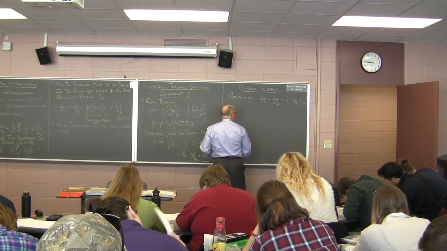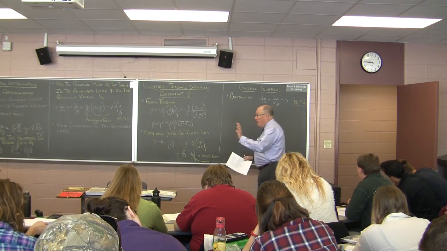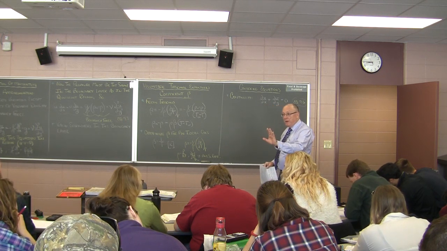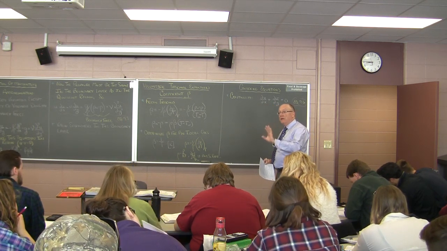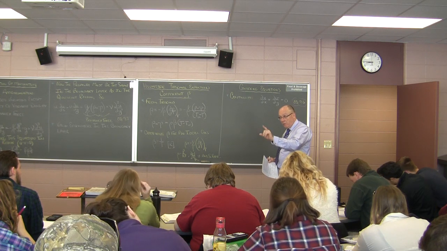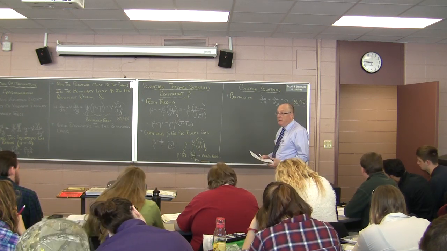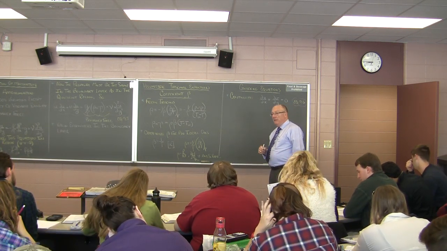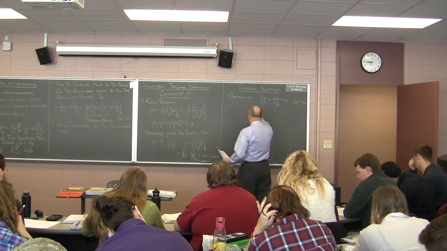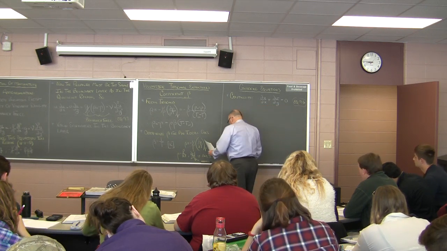For right now, this is just the general governing equations for a fluid. We're going to apply them in the boundary layer, but for right now, just leave them as they are.